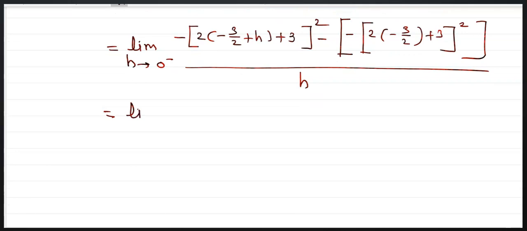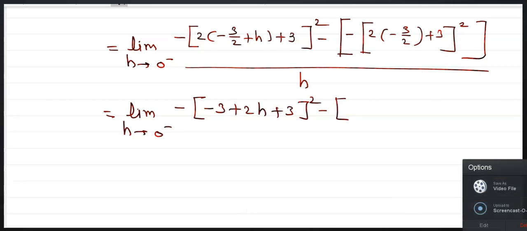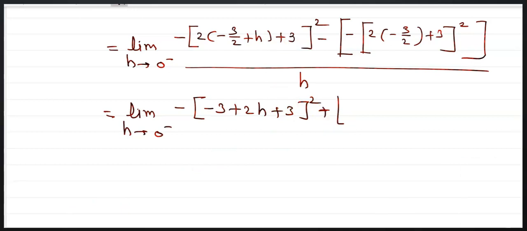After simplification, if you multiply it by 2, then minus 3 plus 2h plus 3 bracket square, minus, in the next bracket the simplification is like this, minus 3 plus 3.